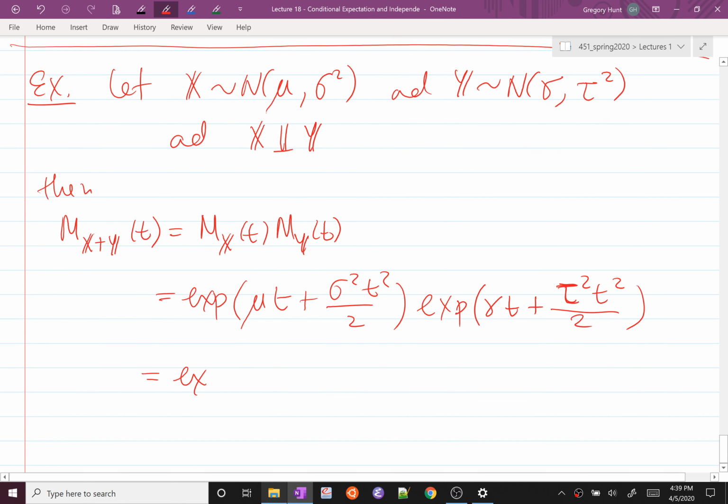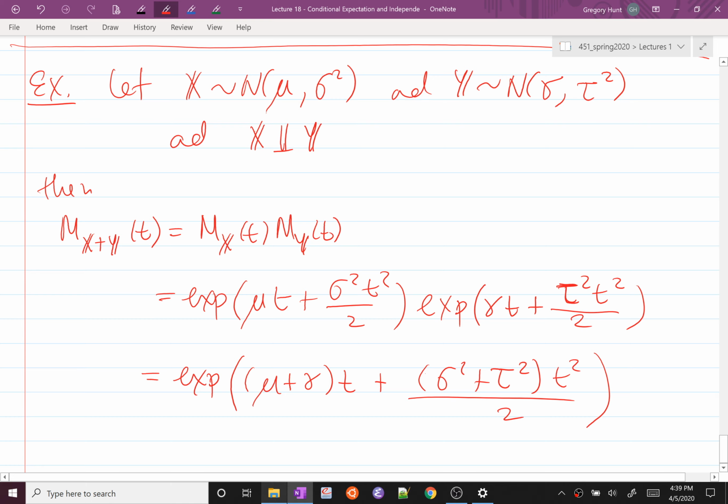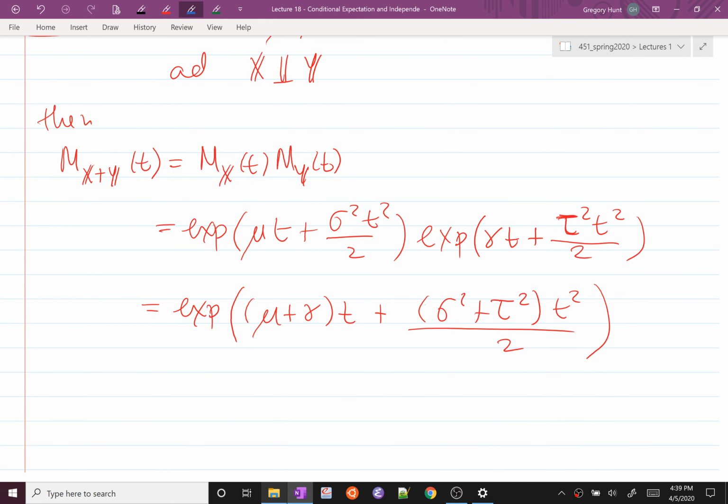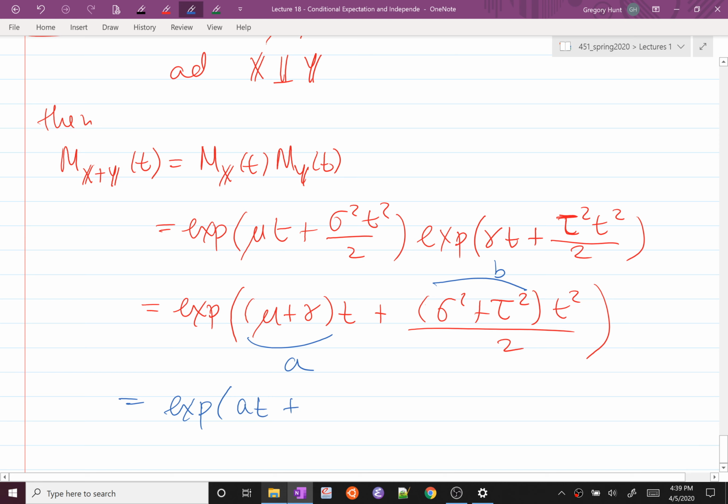You could write this, I'll let you do the algebra, as mu plus gamma t plus sigma squared plus tau squared t squared over 2. And so if I call mu plus gamma a and sigma squared plus tau squared b, this is exponential of at plus bt squared over 2.